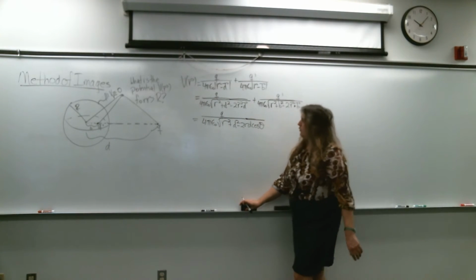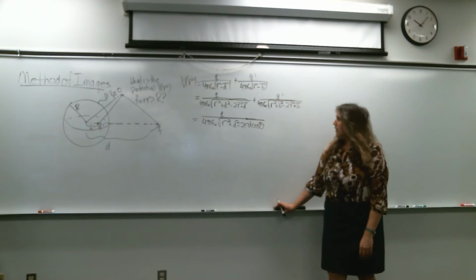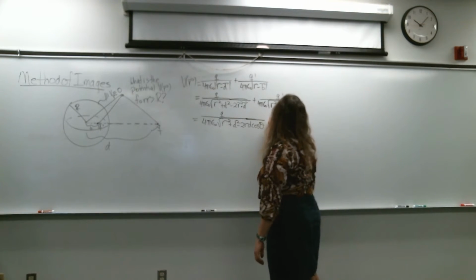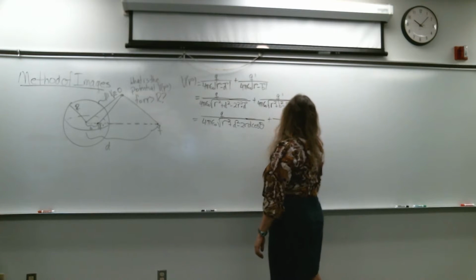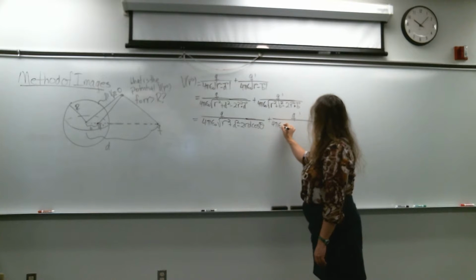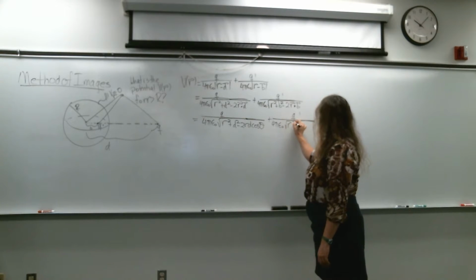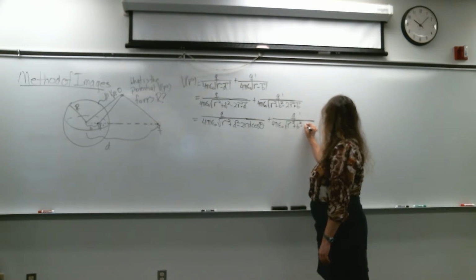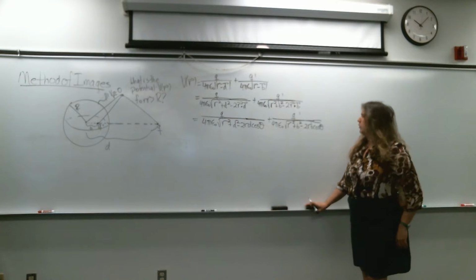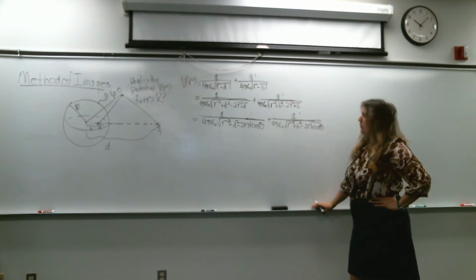First term becomes q over 4 pi epsilon naught times the square root of r squared plus d squared minus 2rd cosine theta, plus q prime over 4 pi epsilon naught times the square root of r squared plus b squared minus 2rb cosine theta.